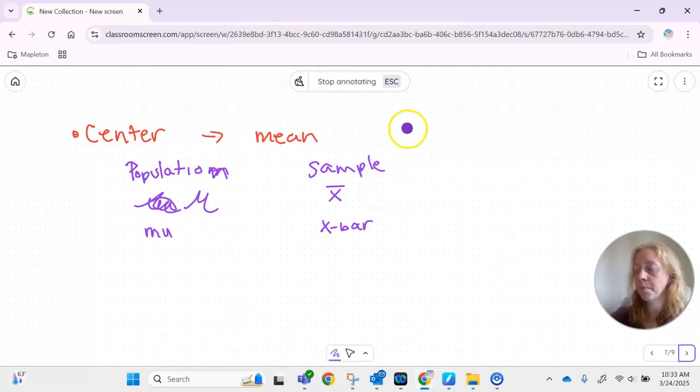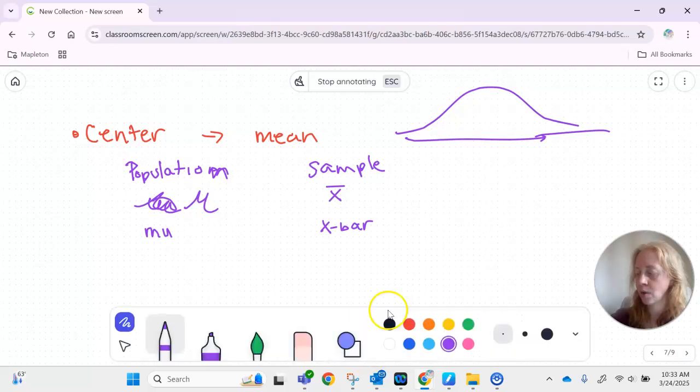Okay, you can compare different distributions. So if you have a distribution here, and then you have a distribution here, you can think of things where that might be different from each other. So for example, the heights of men tend to be higher than the heights of women. And so maybe this is the average heights of men in the population, and this is the heights of women in the population.